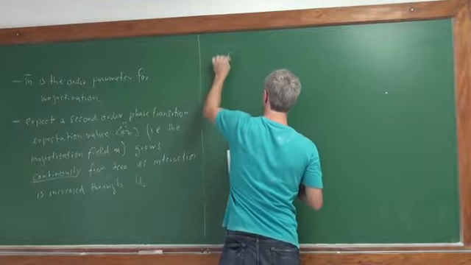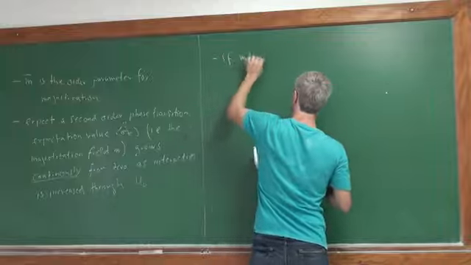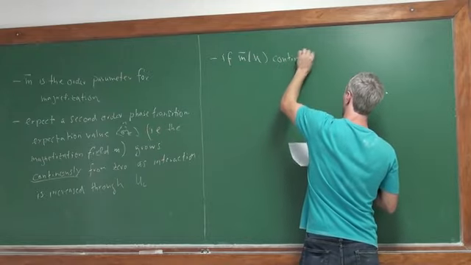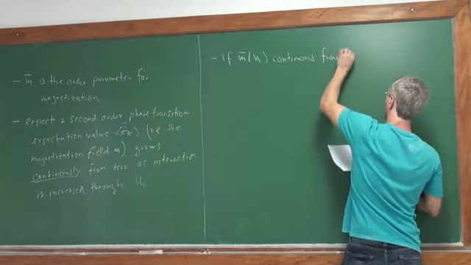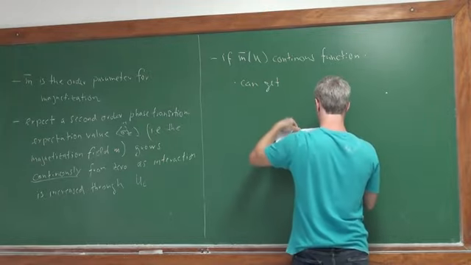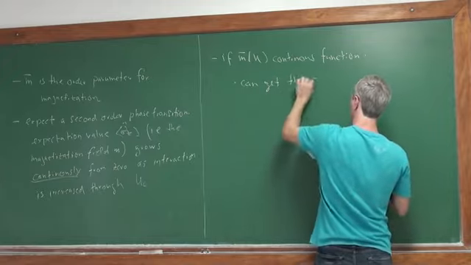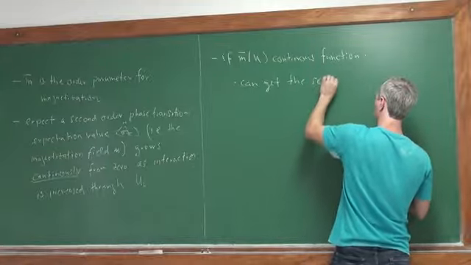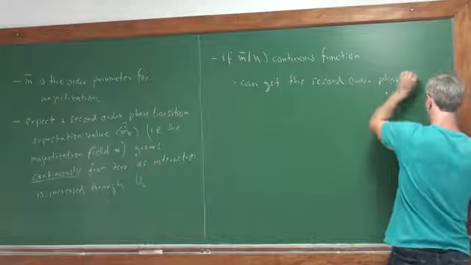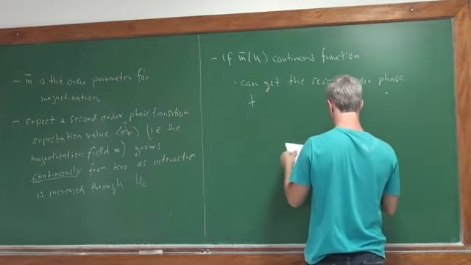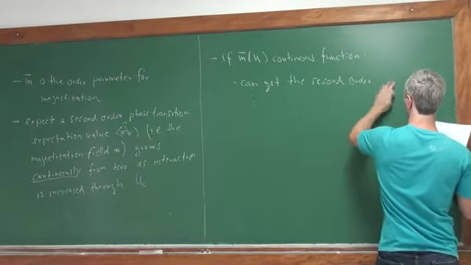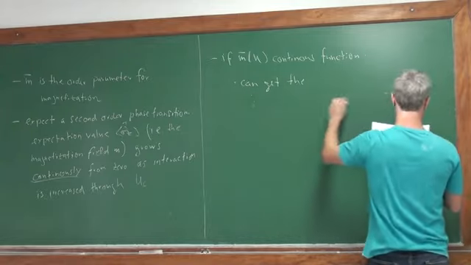Now, if m of u, magnetization as a function of u, is a continuous function, then we can get the second order phase transition temperature, or maybe first we can get the quantum critical point.